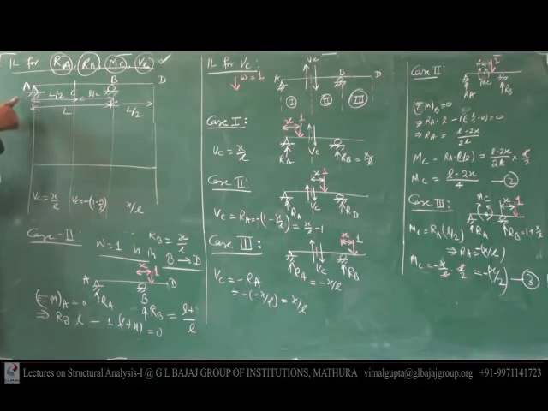At point A, value of x is 0, means we got this point. At x is equal to C, value of x is L by 2. Put the value here. What you will get? 0.5. L by 2 divided by L, 0.5.